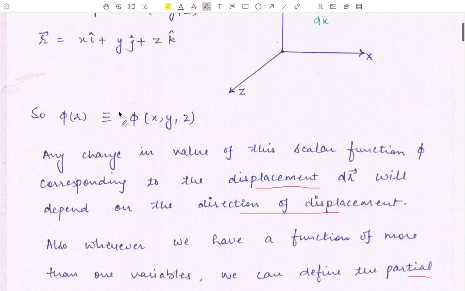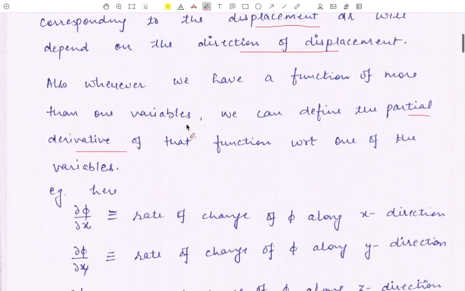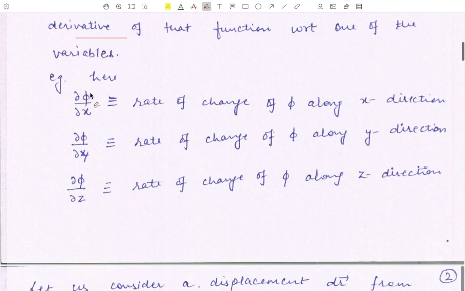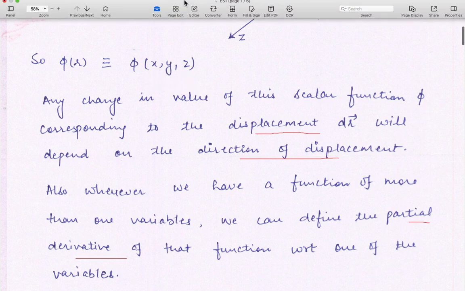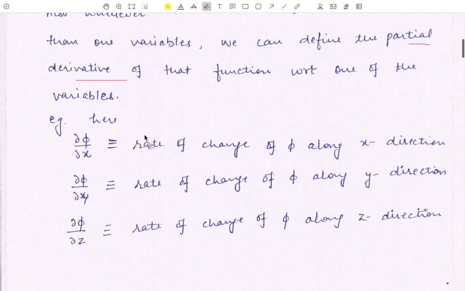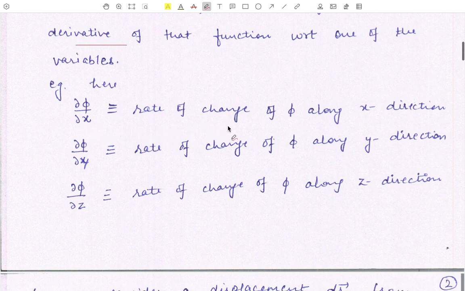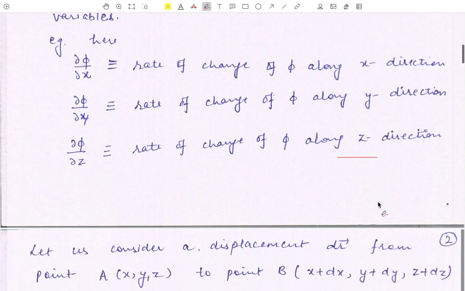That is, we can take the partial derivative of phi with respect to any of these variables. Here we have phi as a function of x comma y comma z. Therefore ∂phi/∂x is the rate of change of phi along the x direction. Similarly ∂phi/∂y is the rate of change of phi along the y direction. And similarly ∂phi/∂z is the rate of change of phi along the z direction.